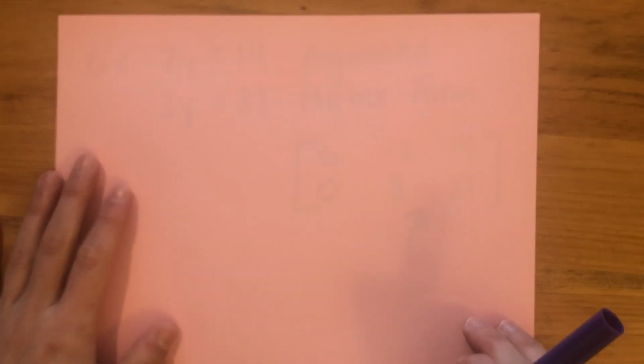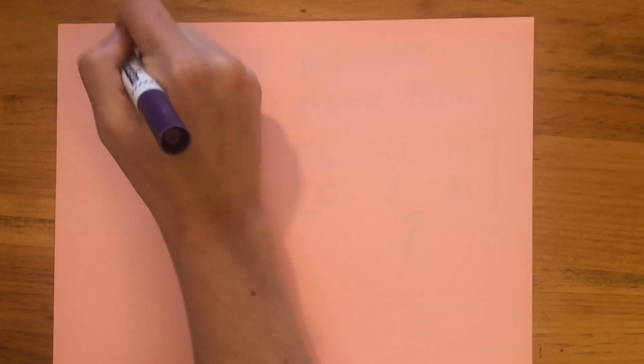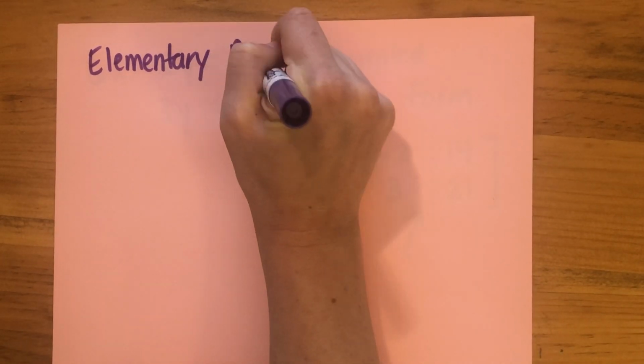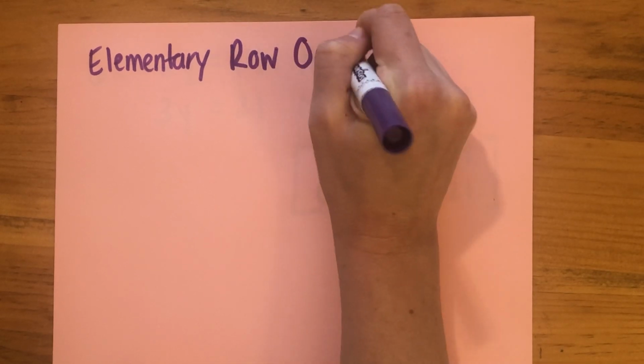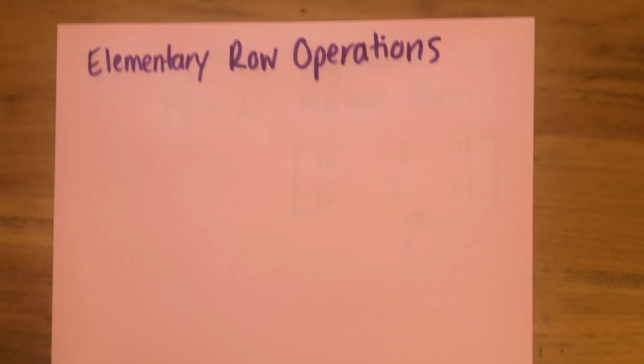Today, we're going to be focused on elementary row operations. So what that means is within a matrix, we can have these different operations that we perform to rearrange essentially how the matrix is, but it doesn't change the value.